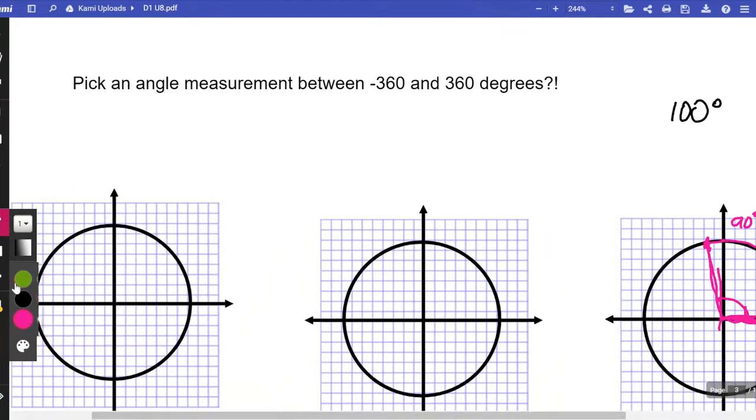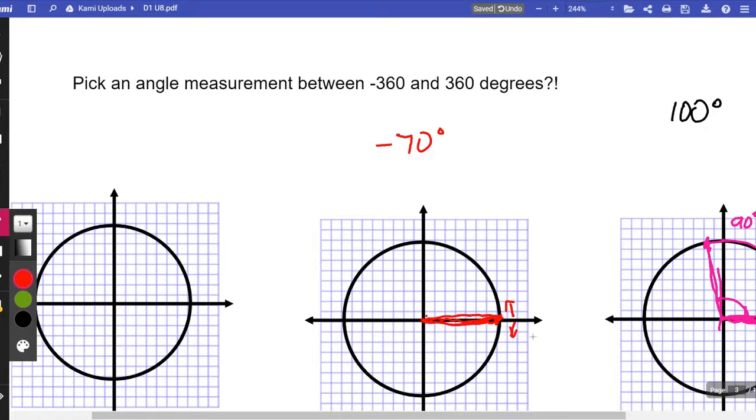You could try, just for fun, let's do a negative 70. Negative 70 degrees, we still start at the initial side. So positive x, still start there, but because it's a negative degree measurement, we are no longer moving upwards, we are moving downwards. And we can use a little bit of logic here.